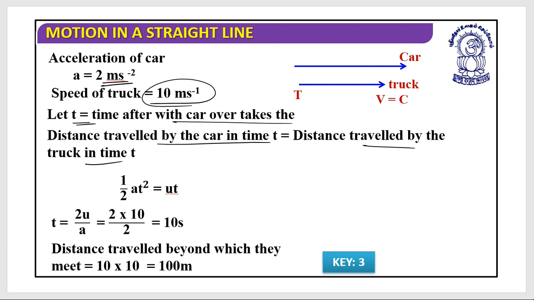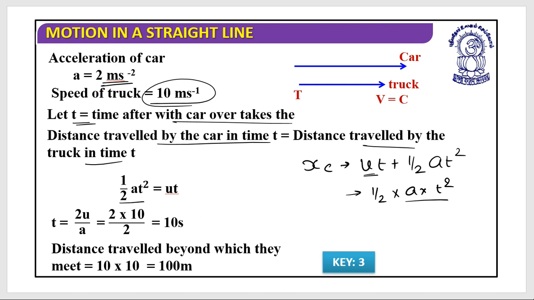Then and only then can the car overtake the truck. The distance traveled by the car is x equals ut plus half at square. As u is given as 0, I can write it as half into a into t square.